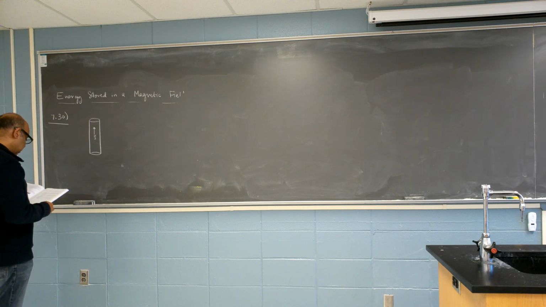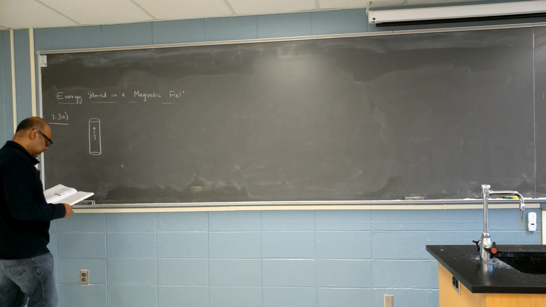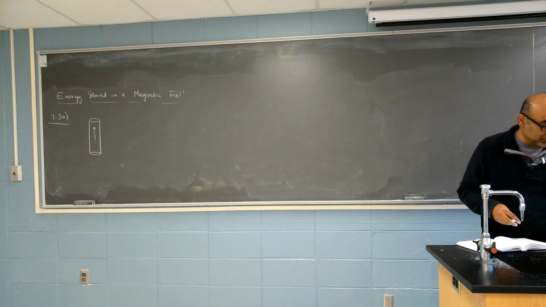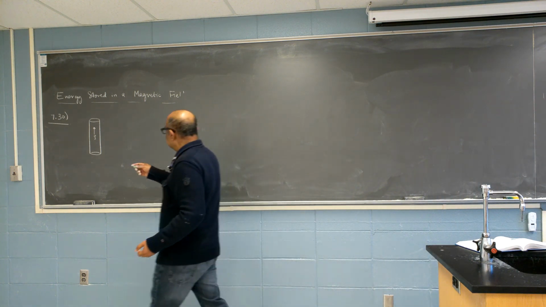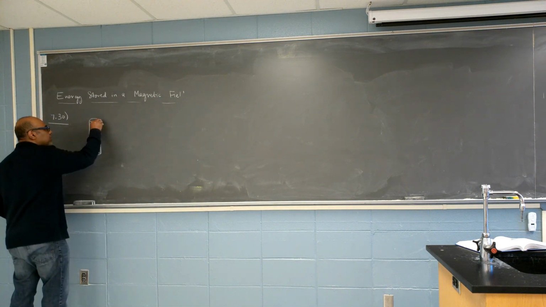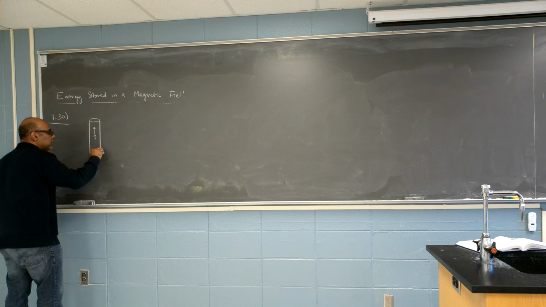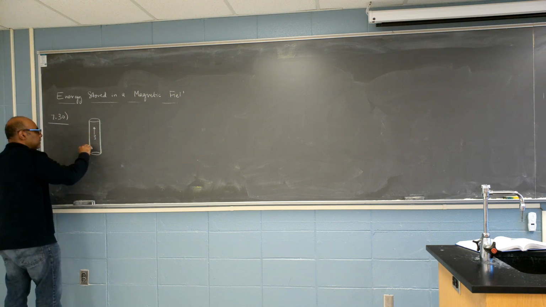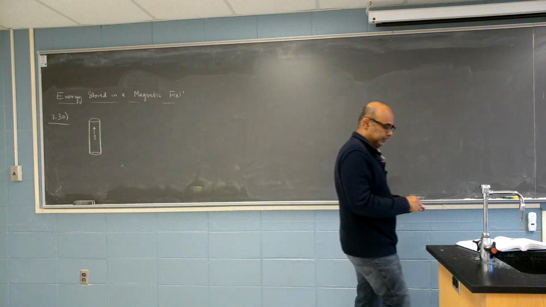And the current returns along the surface. So, and then he says, basically he wants to shield it from the outside. So there's a thin sheath covering this wire, and the same current returns.